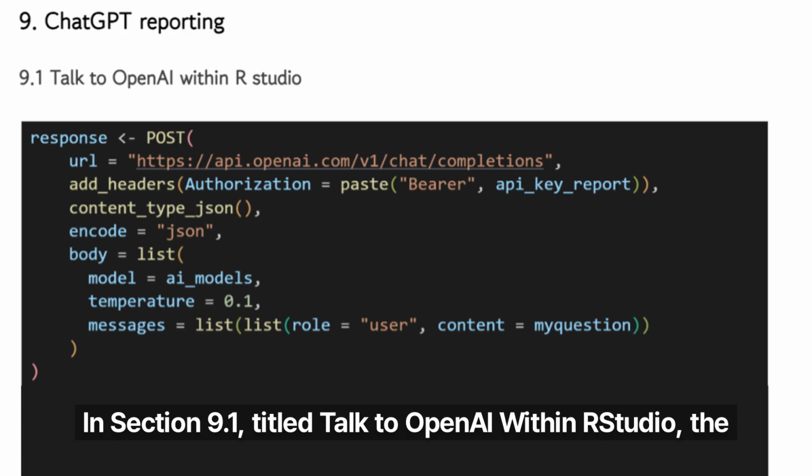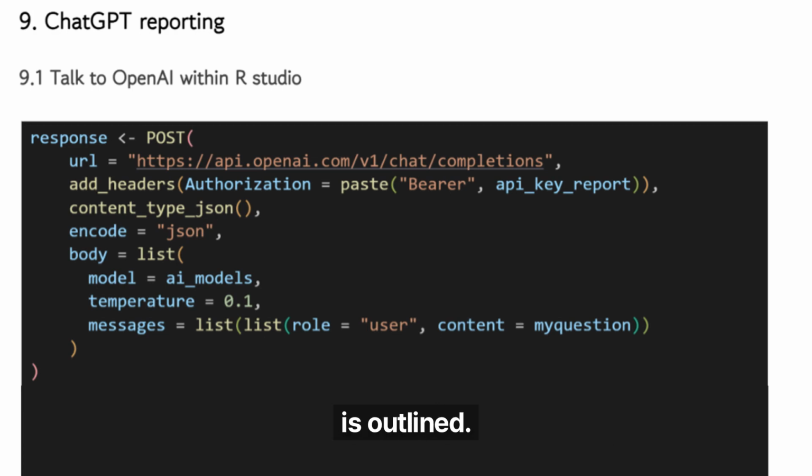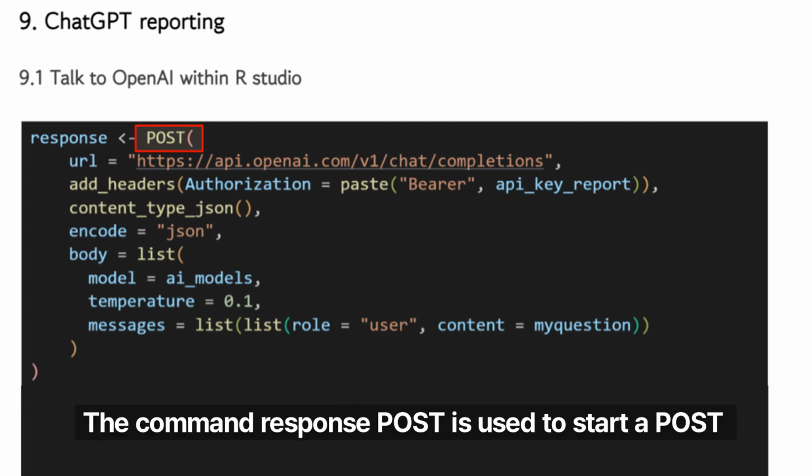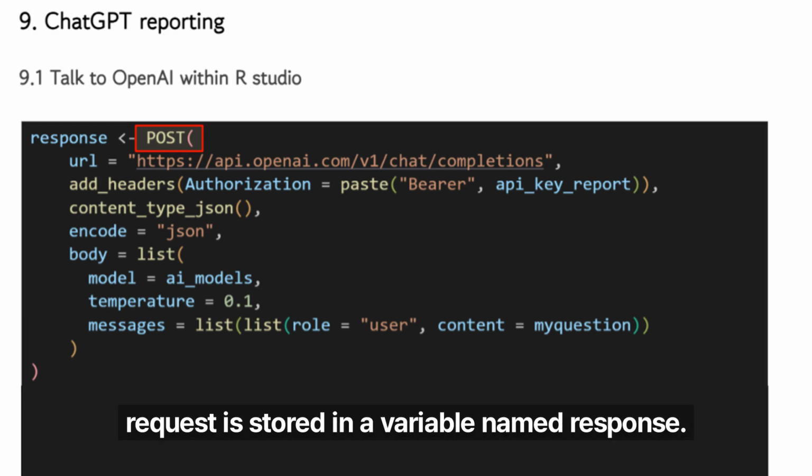In Section 9.1, titled Talk to OpenAI within RStudio, the process for interacting with OpenAI's API using RStudio is outlined. Here's the explanation. Initiating a POST request: the command response <- POST is used to start a POST request to the OpenAI API, and the response from this request is stored in a variable named response.